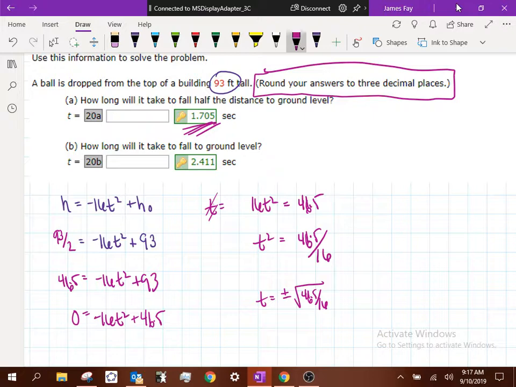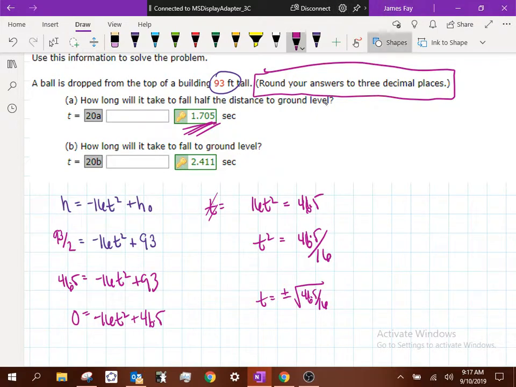Now, the next thing, how long will it take to fall to the ground? I want to do this with the logic of what the phrase "the ground" means to us in terms of a height. What is the ground in terms of a height? 0.